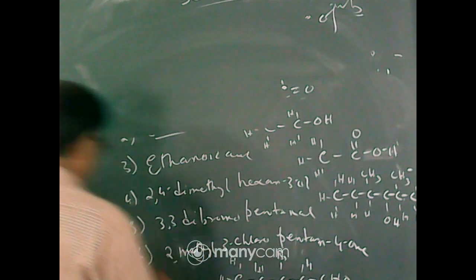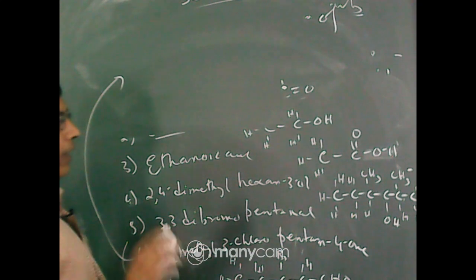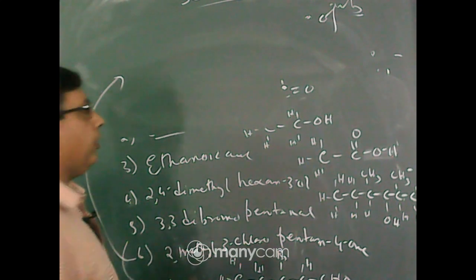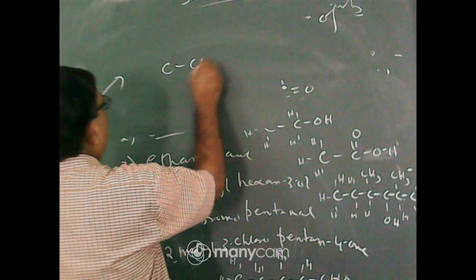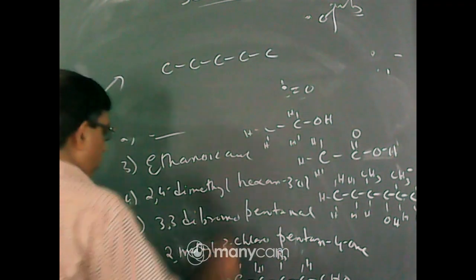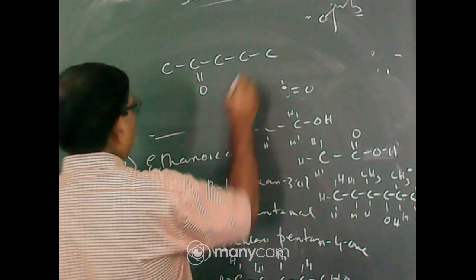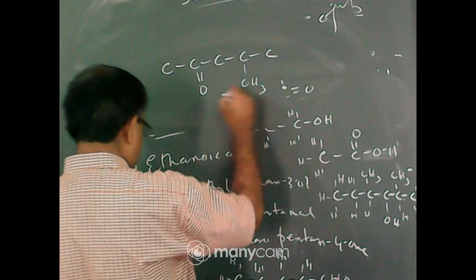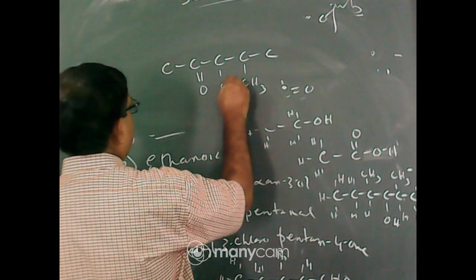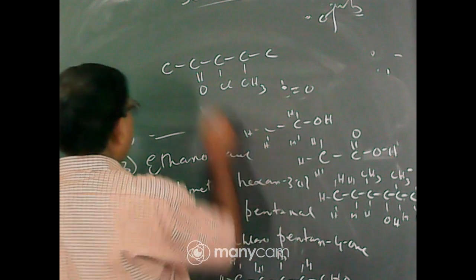Now the last one, 2-methyl-3-chloropentan-4-one. Pentan, how many carbon atoms? 5. So 1, 2, 3, 4, 5, pentan-4-one at position 4. 2-methyl, CH3. 3-chloro, Cl.